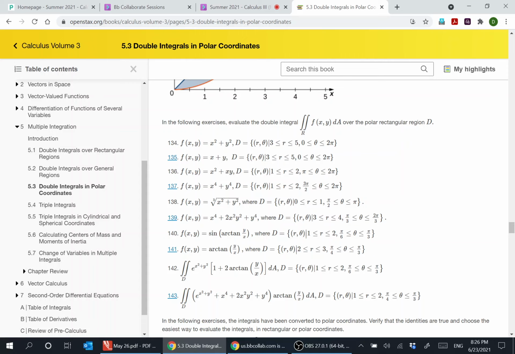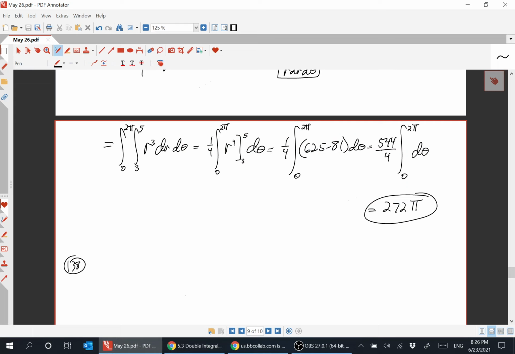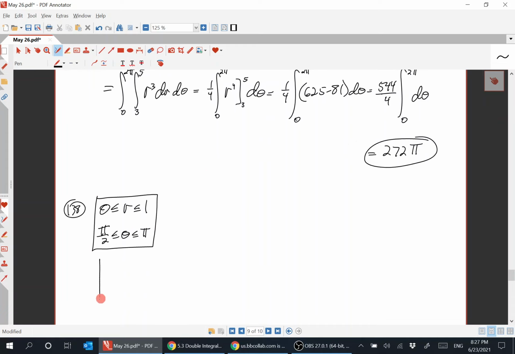So same thing, just calculate this in polar coordinates. So we've got r goes from 0 to 1, and then theta from pi over 2 to pi. So this is 1/8 of a circle. So ye old pizza slice.